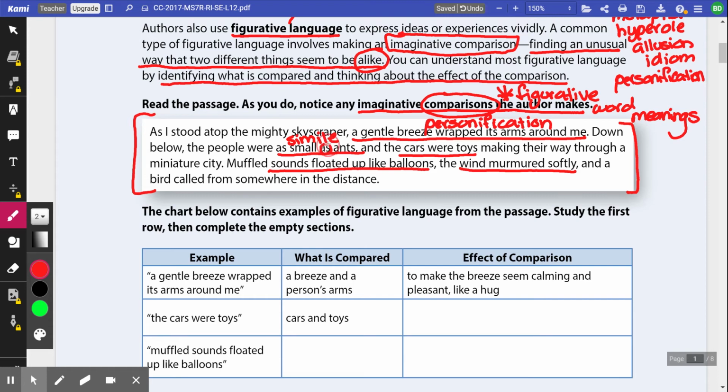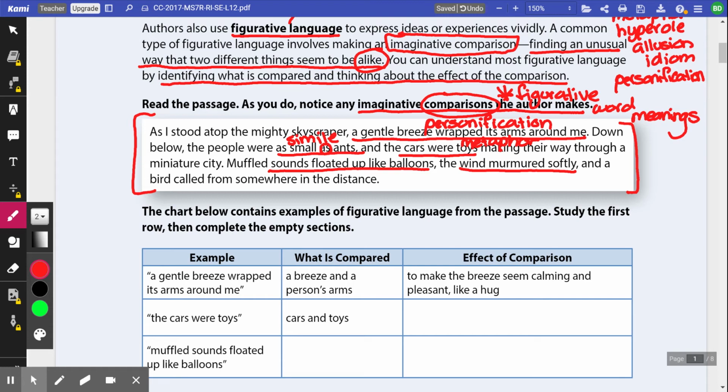And if you notice here, it's using the word as. So that's our simile. Next, I underlined the cars were toys. So it's saying that the cars are toys, right? So that's an imaginative comparison, and this type of comparison is a metaphor. It's saying that the cars are actually toys. It's not saying they are like toys, it's saying they are toys. And that's how I know this is a metaphor.